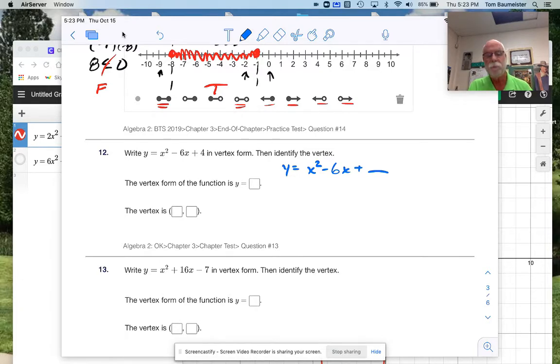All right? Then I have the plus 4, and remember, this one here is a plus, so the one, if it's on the same side, has to be a minus. So I'm going to put minus a blank there.